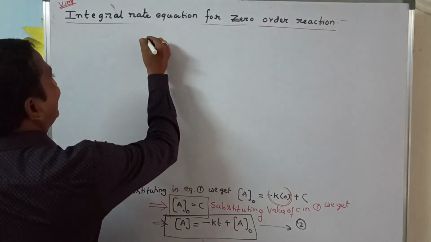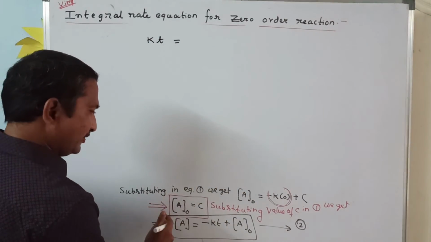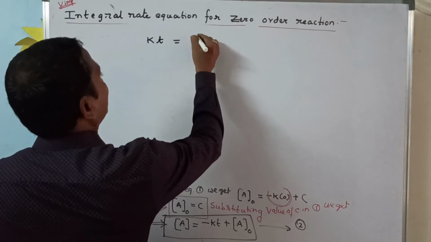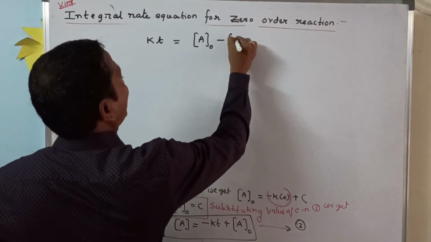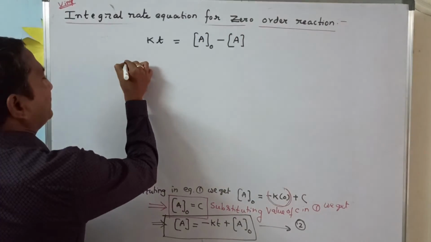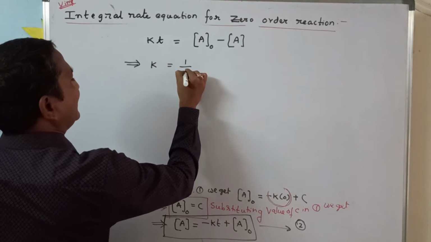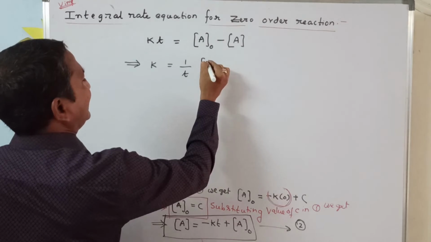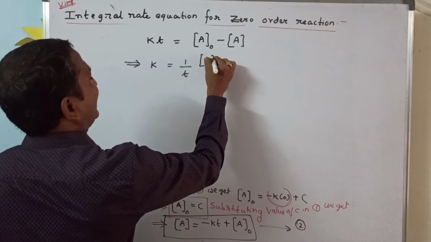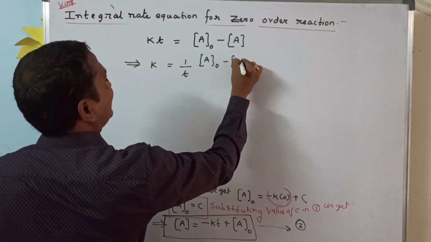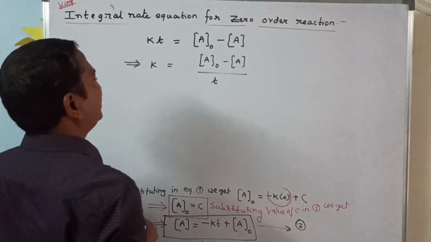See this one. [A] is equal to minus kt plus [A]0. From this we can write kt is equal to, if we take this to this side, [A]0 minus [A]. That implies k is equal to 1 by t ([A]0 minus [A]). We can write like this. Right? Clear all of you?